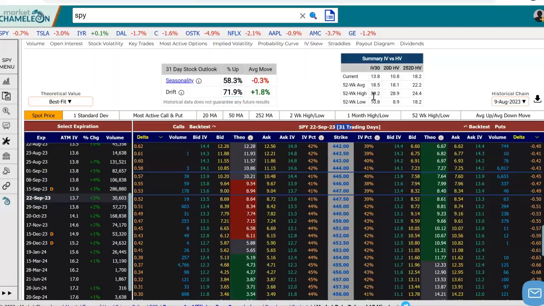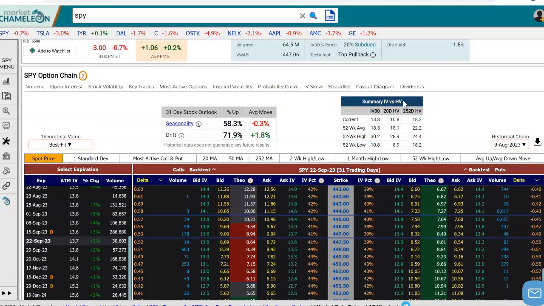And I'm going to come up here into this box over here, and we have three different metrics to look at for SPY volatility. The first one is showing us the IV30, which is the implied volatility derived from option prices. So what we're more interested in is where the stock volatility has traded in the past.